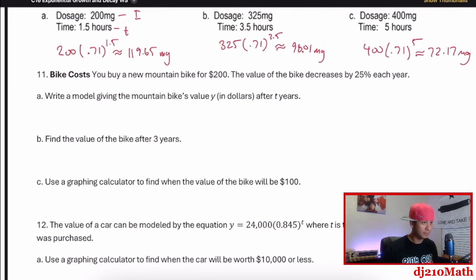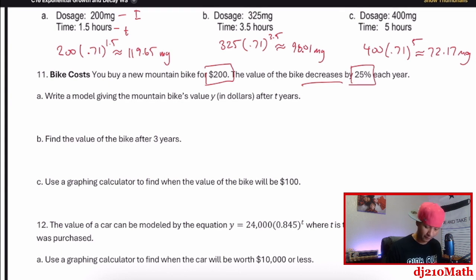Number 11, new mountain bike, $200. The value decreases 25% each year. So our initial cost, $200. We're decreasing, so it's decay by 25% each year.